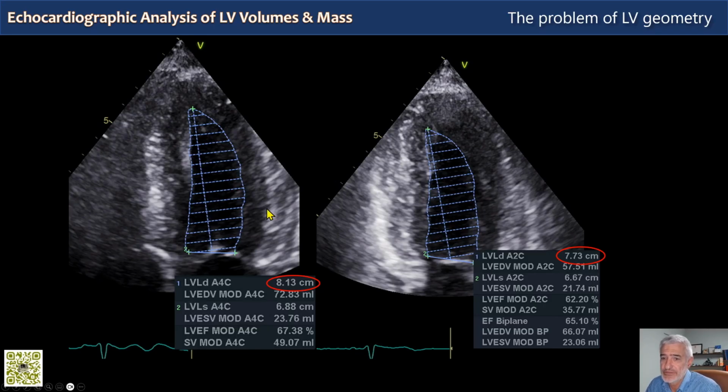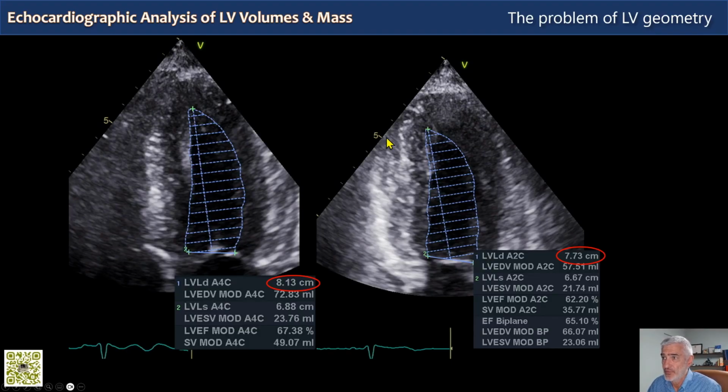While the four-chamber long axis is subject to foreshortening due to the incorrect transducer position we have just seen on the apex, the two-chamber view does usually not have this problem. Here is the transducer, so you see in the two-chamber view the transducer usually is on the anterior wall, but there is no problem in seeing correctly the long axis, whereas the transducer in the four-chamber view is on the apex, looks at the apex.